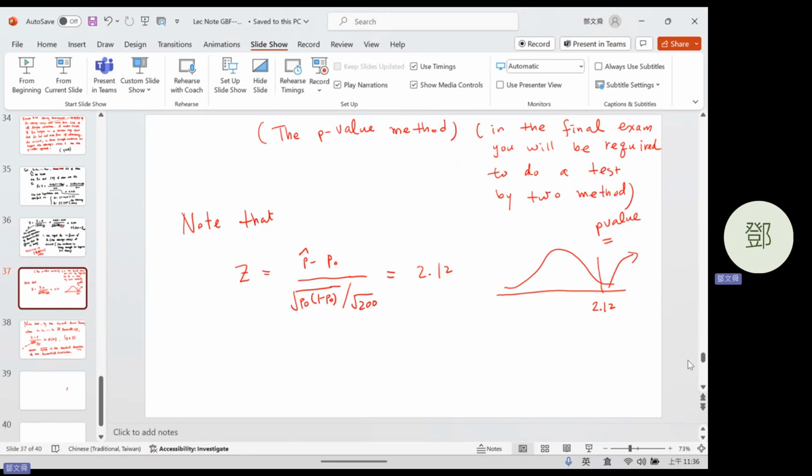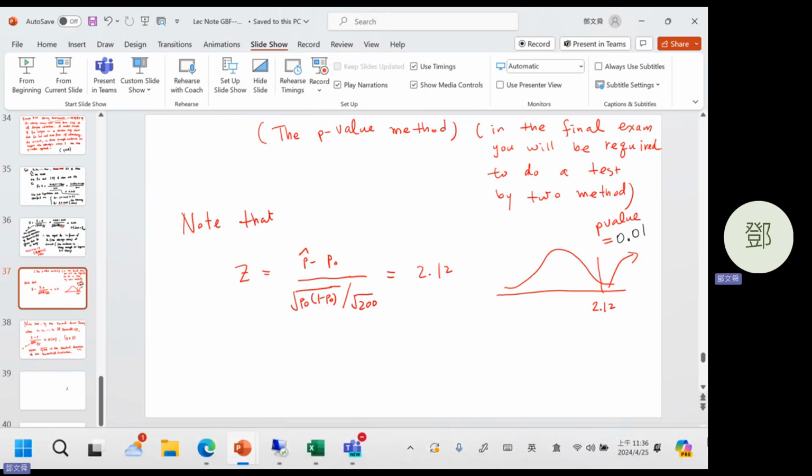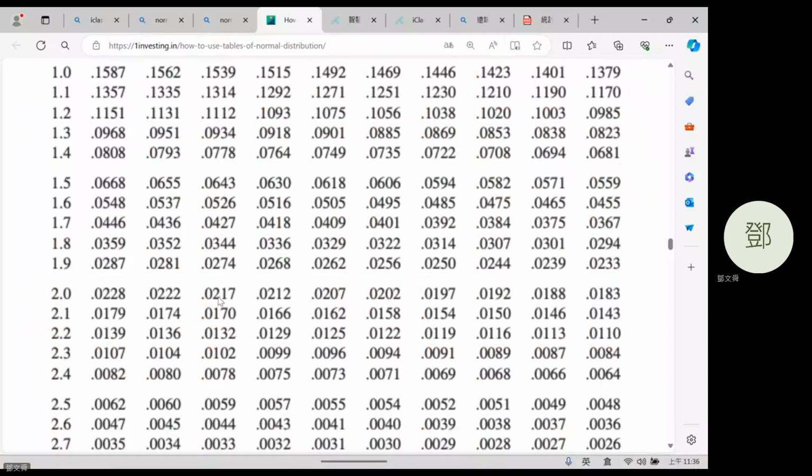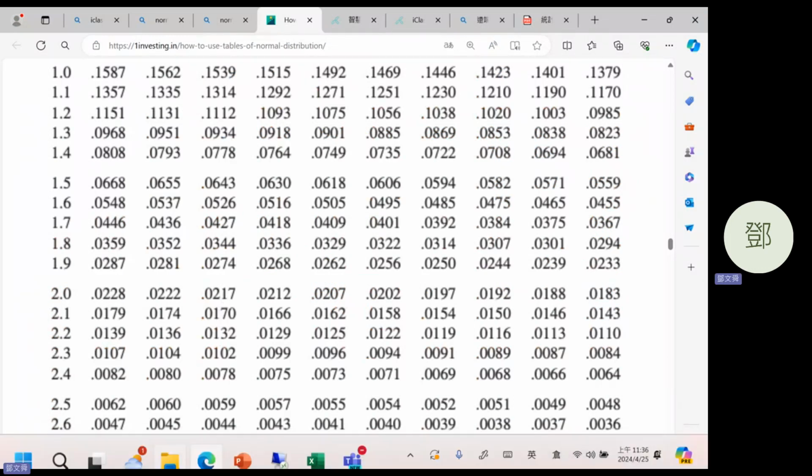So it is 2.12. Where is my pen? Here. 2 point, it is 0.0170.